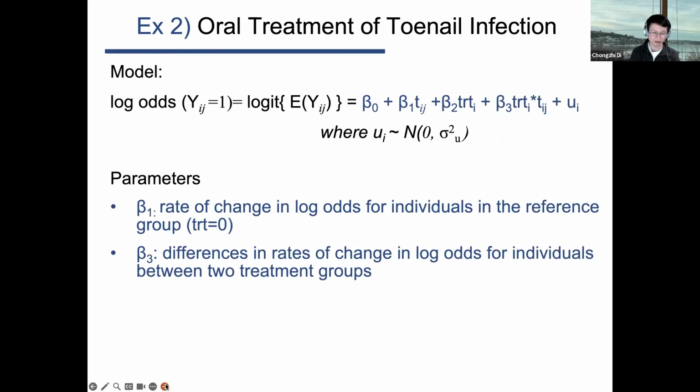Actually, binary data is probably the worst example, in the sense that with binary data, the amount of information in the data is much smaller than in continuous data. So it actually becomes more challenging. In a few different packages, I tried to fit both random intercept and random slope.